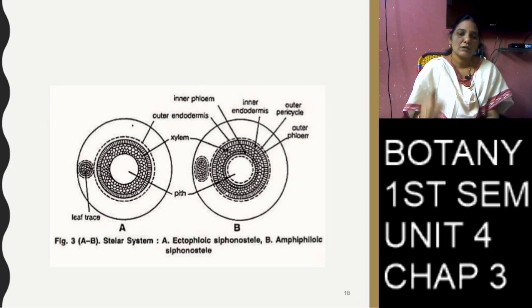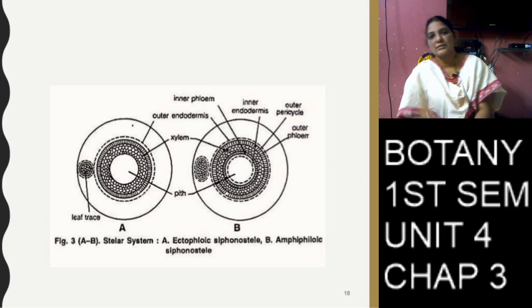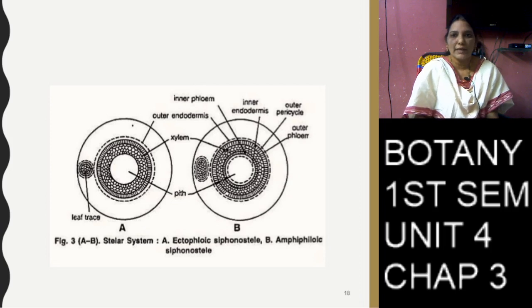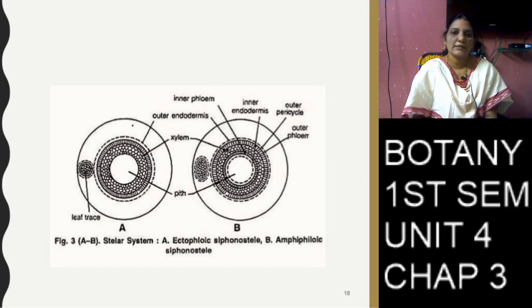So we can say outer pericycle and inner pericycle, outer phloem and inner phloem, outer endodermis and inner endodermis.